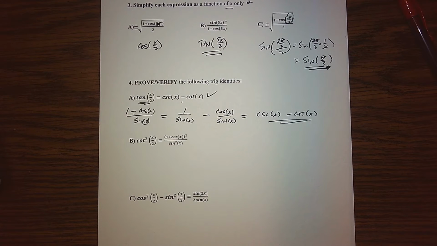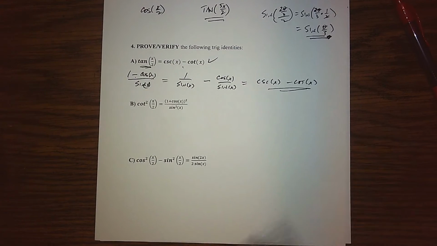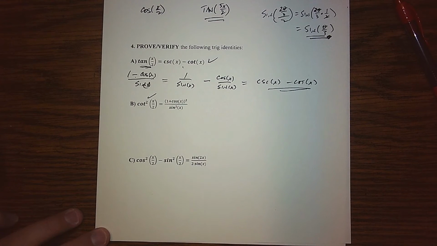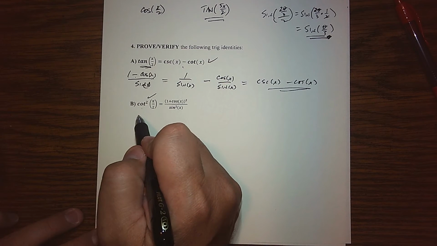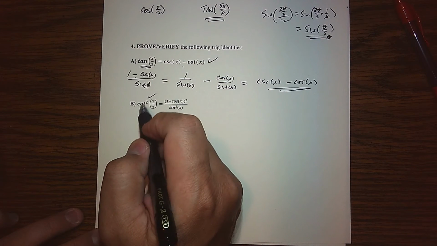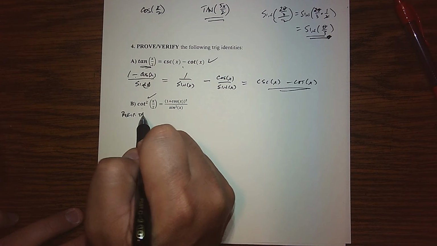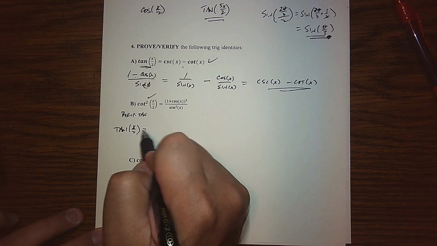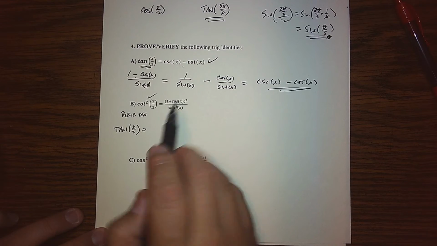For the next one, we got kind of a mess everywhere. But since that's a half angle, why don't we start there? And we are using the reciprocal of tangent. So we know that tangent of x over 2, looking at it, we got 1 plus cosine over sine.